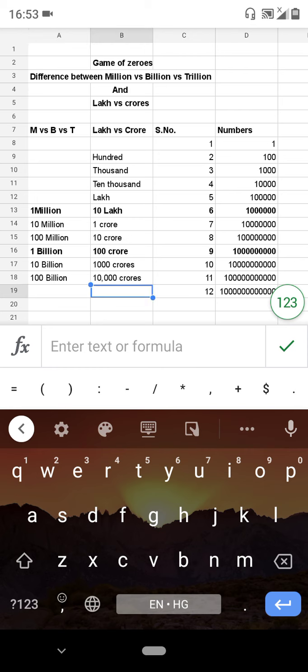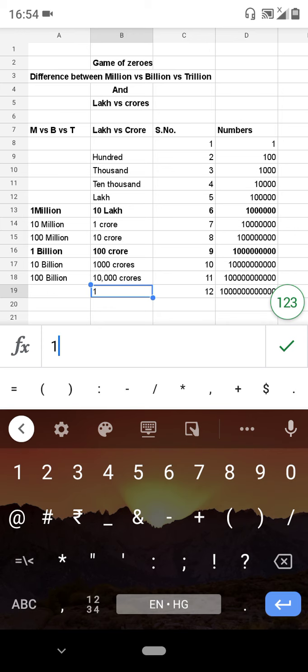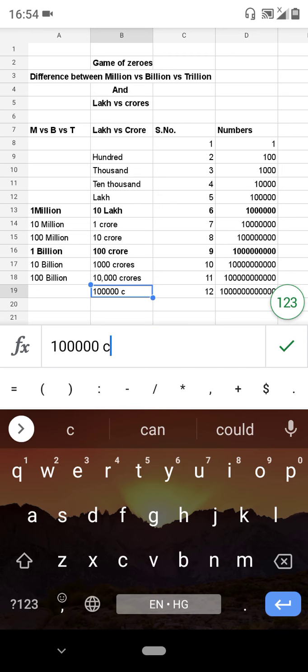Now the last one has 12 zeros. For 1 crore rupee we need 7 zeros. So here you have got 12 zeros, 5 extra zeros. That means 5 extra zeros will be called a lakh, right? 1 lakh.